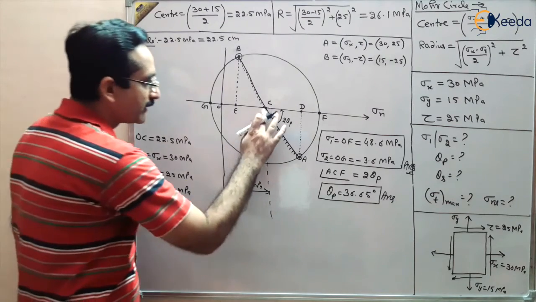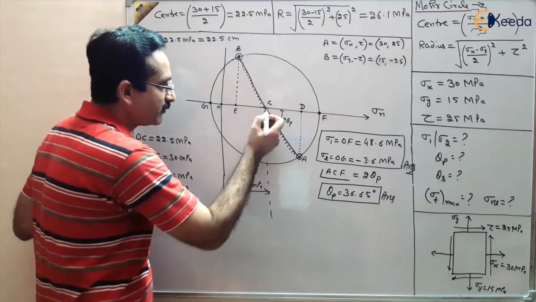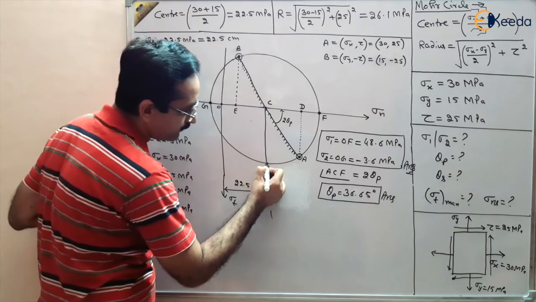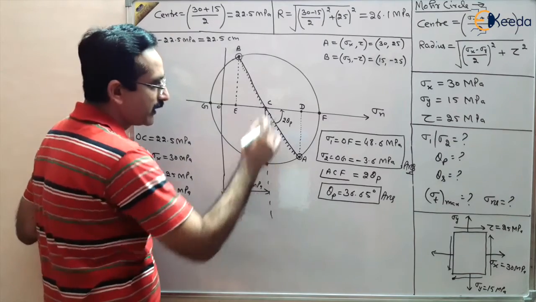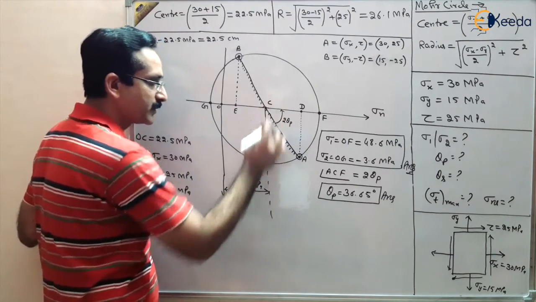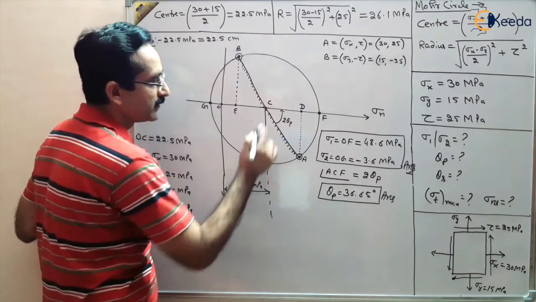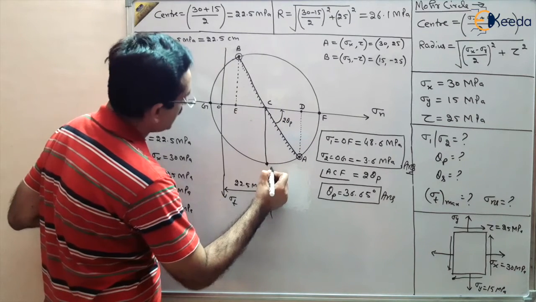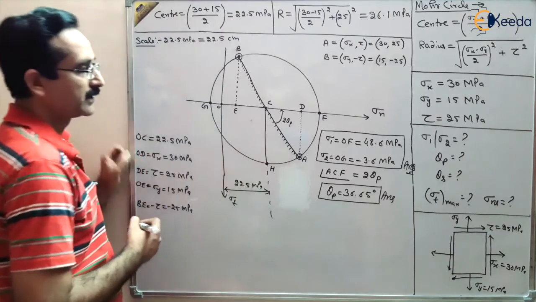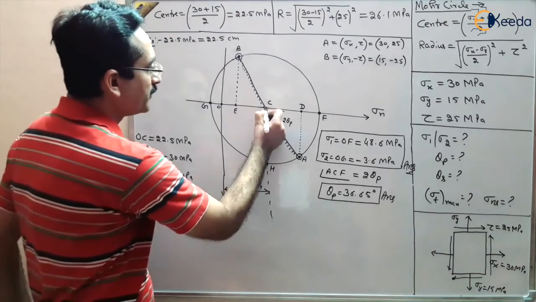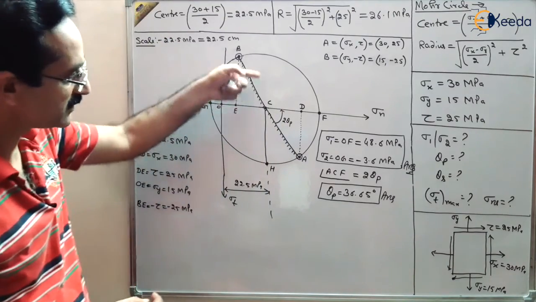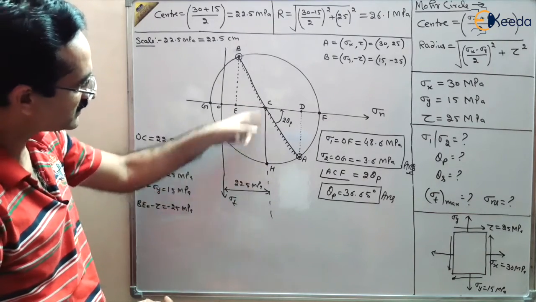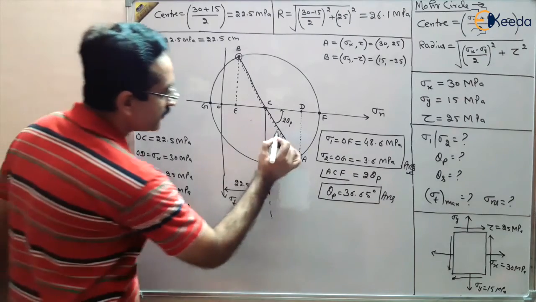So in the vertical direction, when we move vertically downward or upward, we will get this point, and this is our maximum shear stress plane, suppose H. So CH will be the maximum shear stress, because maximum shear stress is in the vertical direction, and we are taking positive downward. So maximum shear stress is CH, and this is the plane of maximum shear stress.